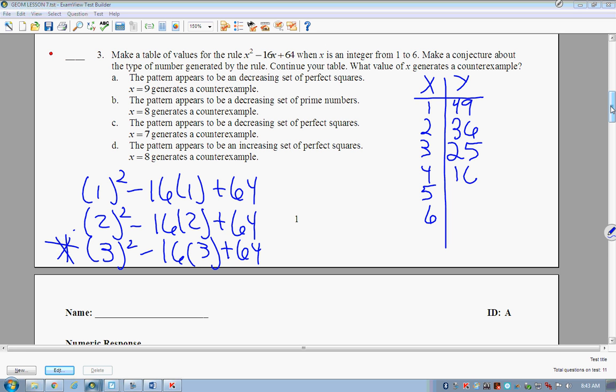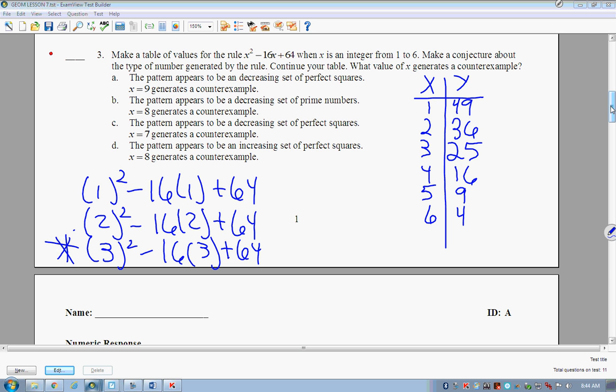Now I'm going to help you out. The next one's going to be 16. The one after that is 9. This one is 4. You know how I was able to do that? Well, it does help to be a math teacher. But what you should recognize by the time you get here is a pattern, correct? What pattern do you see, Katie?